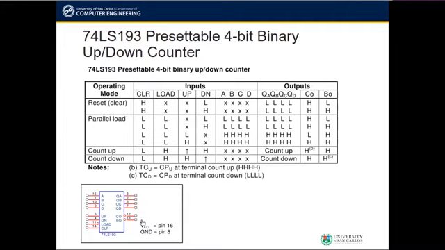The output BO or the borrow out output is always 1 and only outputs 0 in between the counts of 0, 0, 0, 0 back to 1, 1, 1, 1 in a countdown operation.